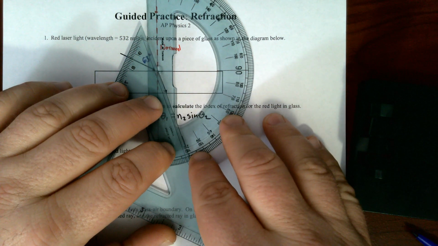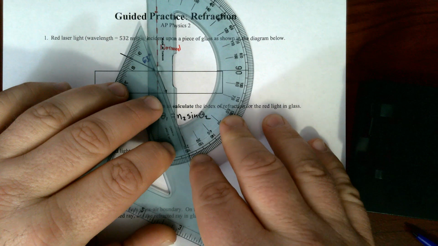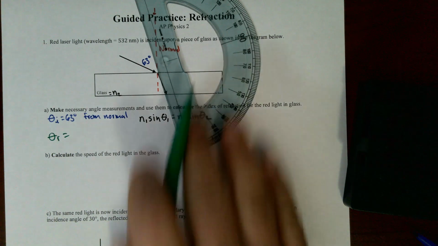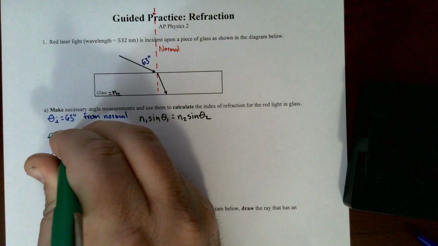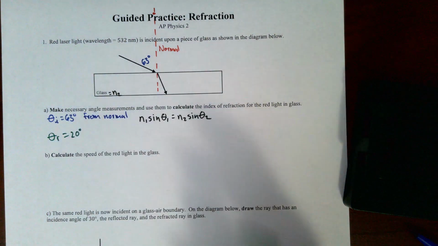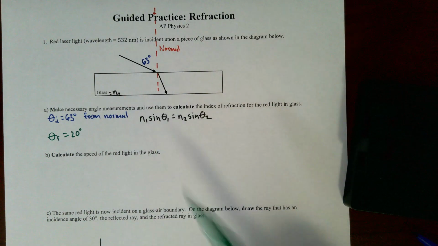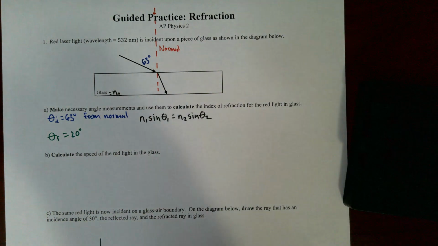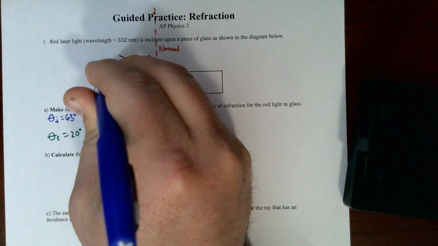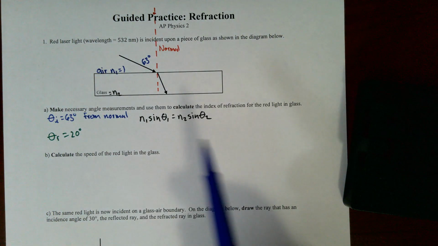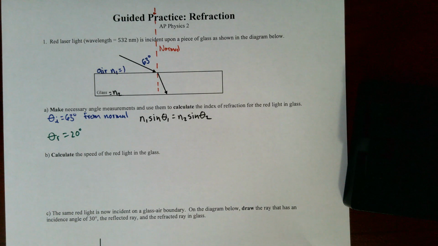That looks to be right at, we'll go ahead and call that 20 degrees. So our refraction angle is 20 degrees. Okay, so N1, since we're talking about air, will be 1.